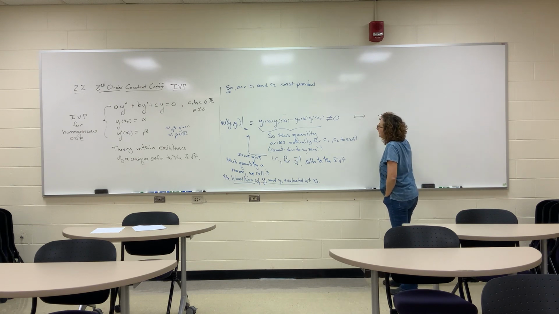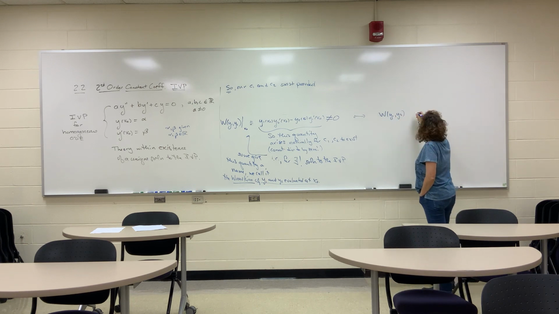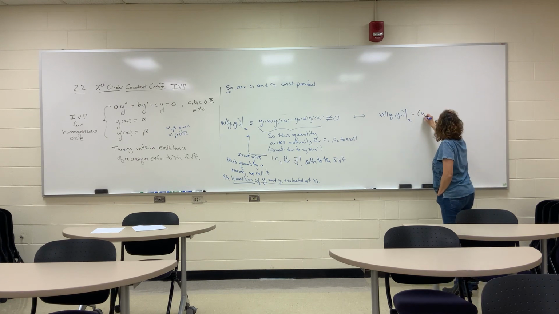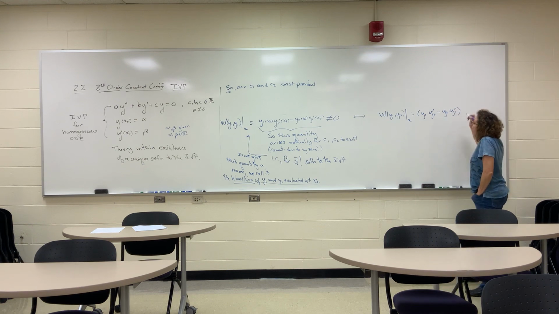So we could write it like the Wronskian of y1 and y2, evaluated at x0. Instead of putting x0 into each guy, to be shorter, instead of saying y1 of x times y2 prime of x, we could say y1 times y2 prime minus y2 times y1 prime, all evaluated at x0.